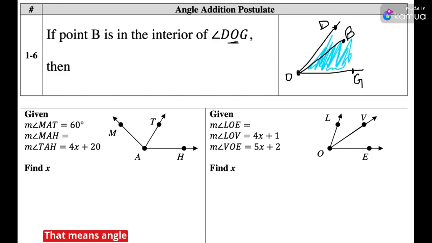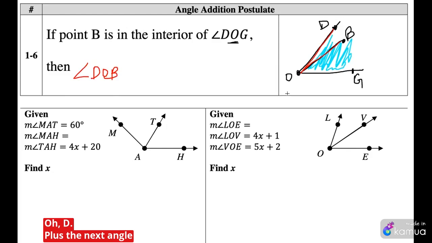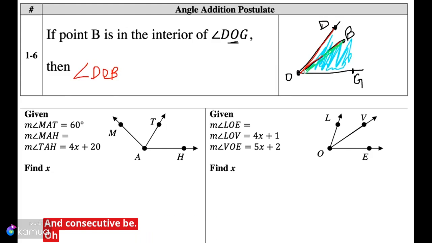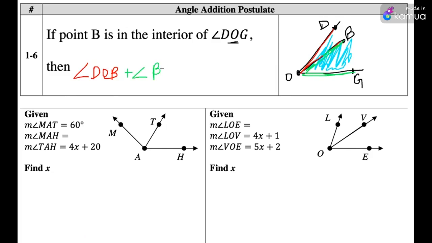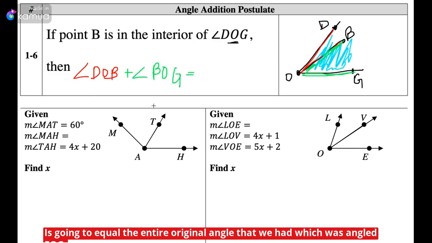That means angle DOB, this first angle, plus the next angle right beside it, they're consecutive, BOG, is going to equal the entire original angle that we had, which was angle DOG.